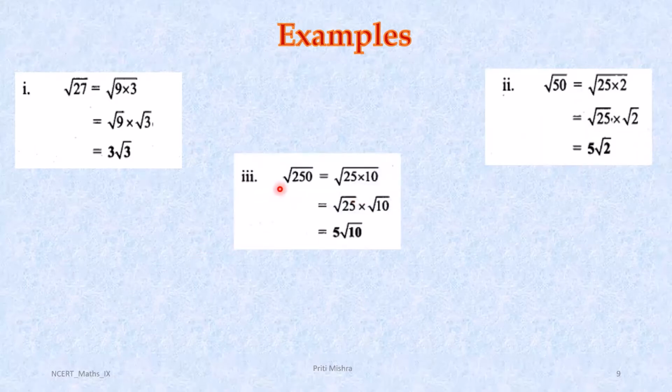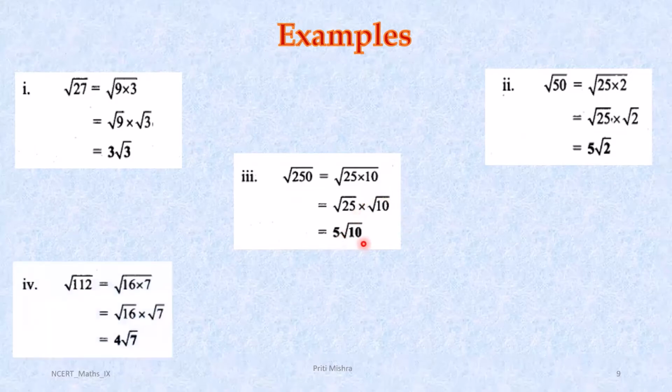Another example is square root 250, which can be written as square root 25 into 10, and 25 is again a perfect square number. So it will come out from the square root sign and 10 will remain there. So 5 square root 10. Just like this, another number square root 112 can be written as square root 16 into 7.